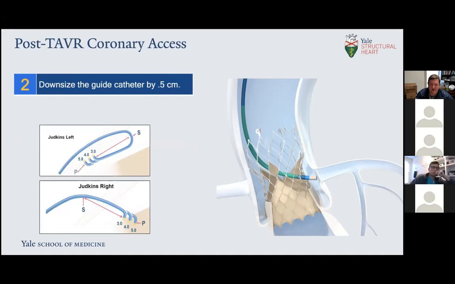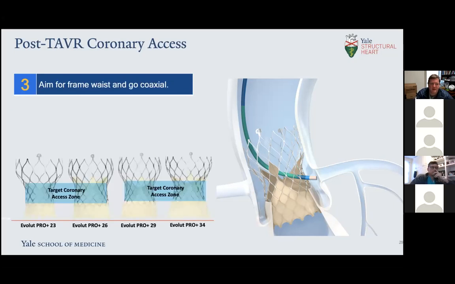Now, not necessarily. If it doesn't work, the next thing you can go to would be your normal size guide. But I would recommend trying to downsize by 0.5 centimeter. This may just allow for a little bit more maneuverability and flexibility to reach the coronary ostia.